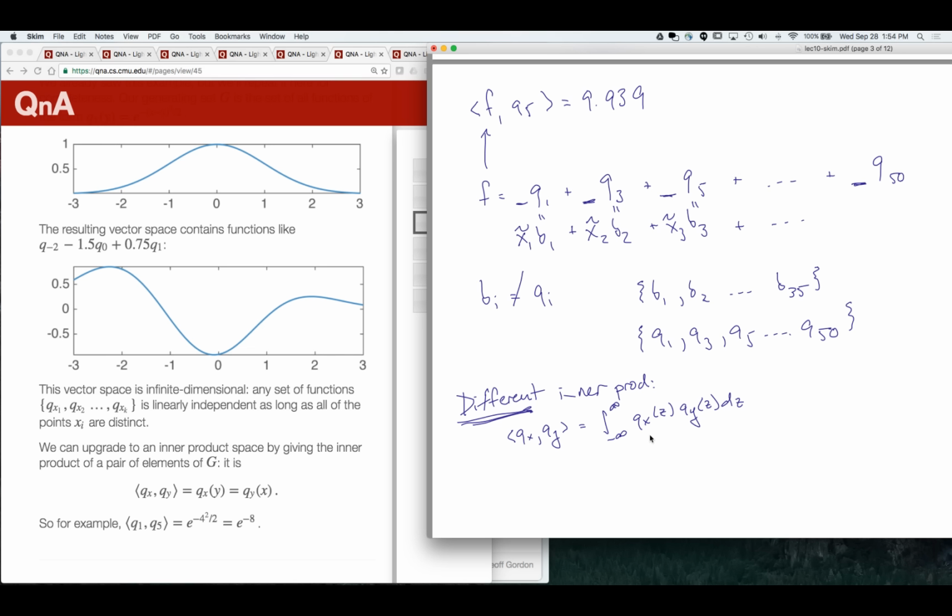Without an inner product, we can't say anything more than, let's say, that the sum of two vectors is equal to a third vector. Once we have the inner product, we can start to define geometric concepts like orthogonality or being perpendicular. So, for example, two vectors are considered to be orthogonal if their inner product is 0.